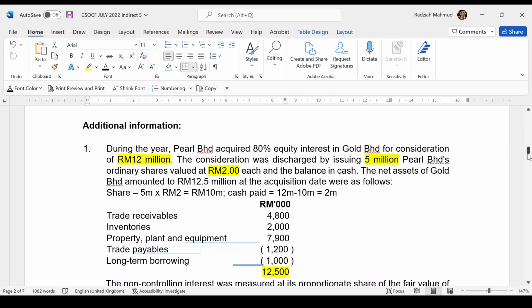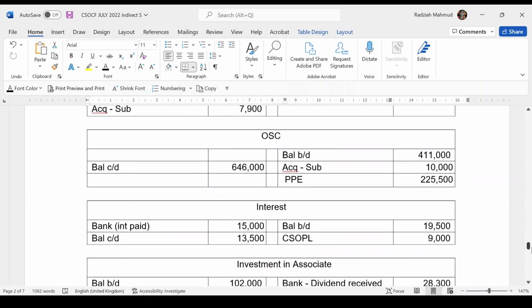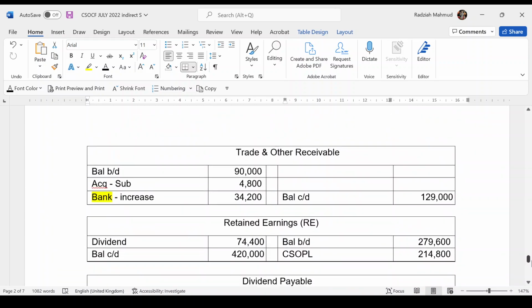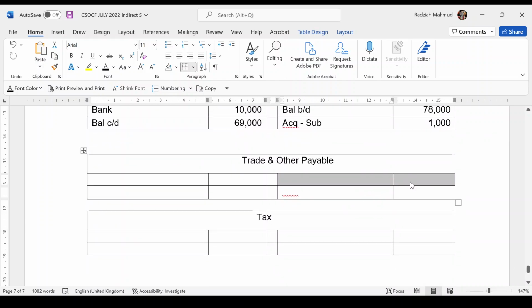Okay, so let's go to the account. We put in the opening, we put in the closing, normal rule. And then just now we checked that when subsidiary was acquired, there is trade payable, so it is 1,200.